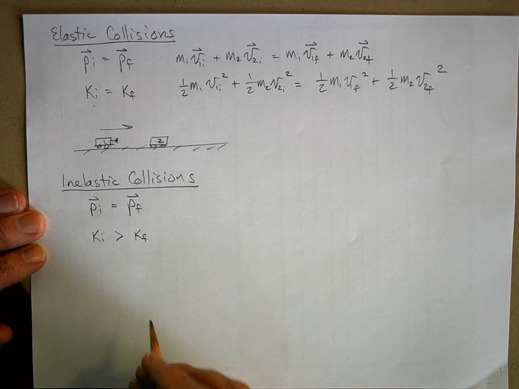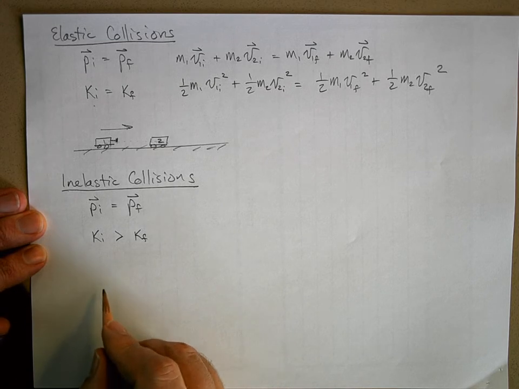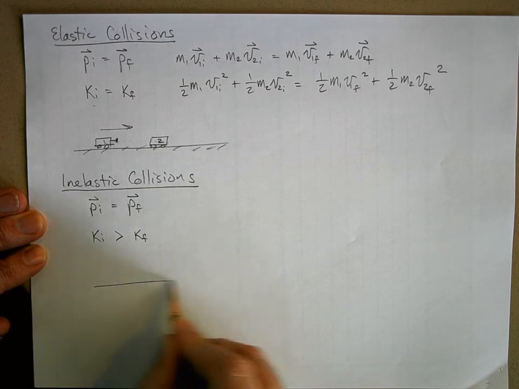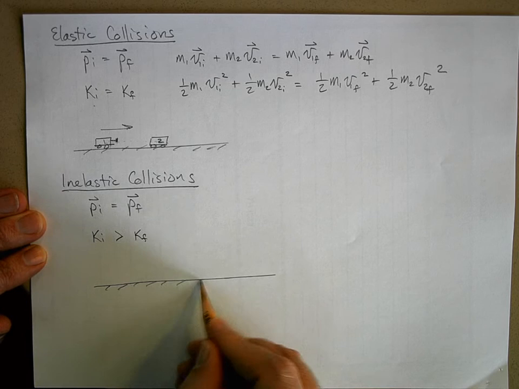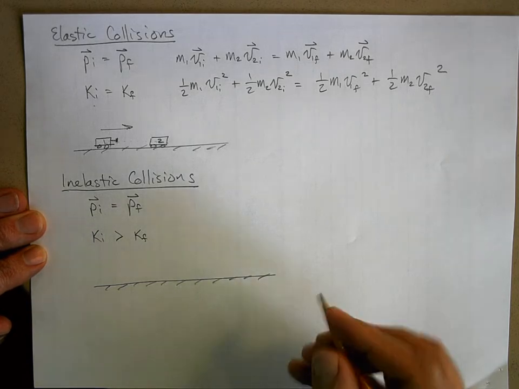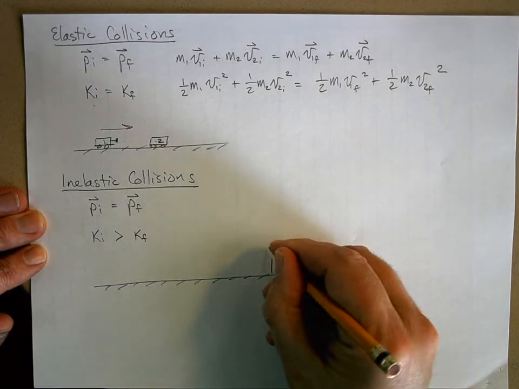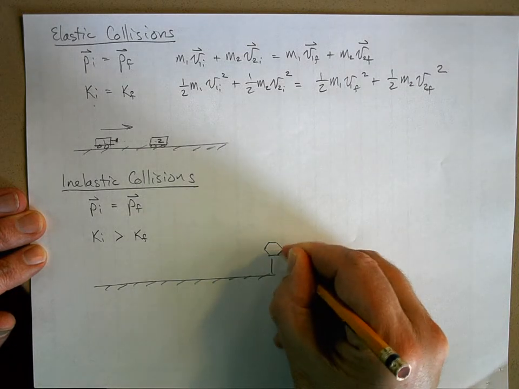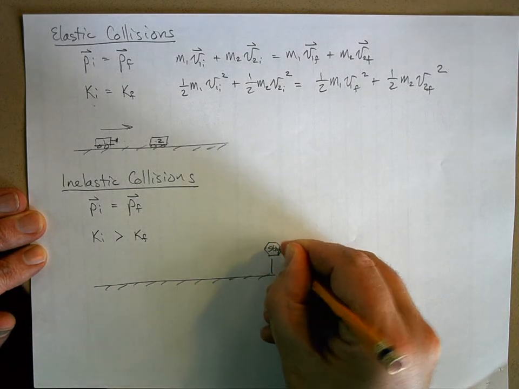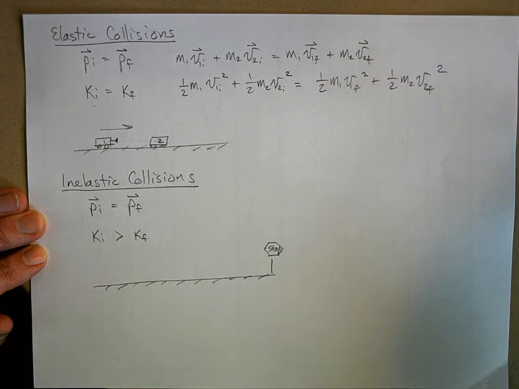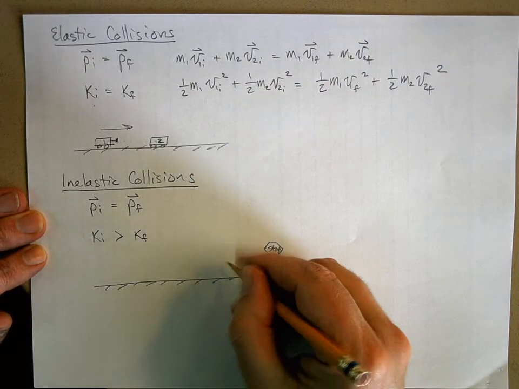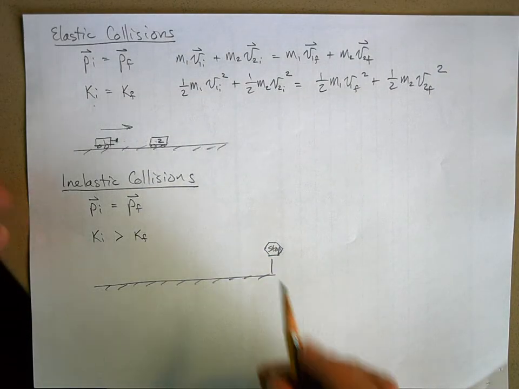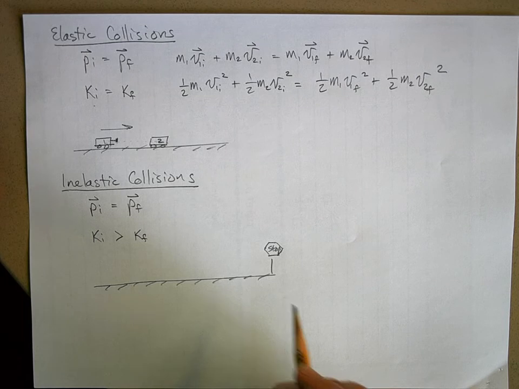Now, here's an example of that. Suppose you're stopped at a stoplight or a stop sign, there's a stop sign, thank you. And so you're stopped, and then coming up behind you, somebody doesn't see the stop sign and they rear end you.